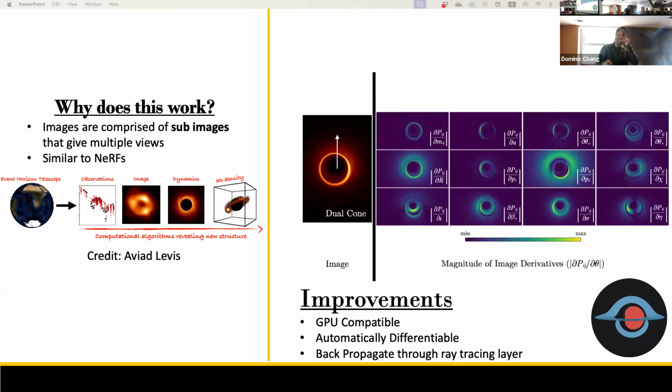In particular, you can use that to do studies like this, which I've shown here, where if you're asking the question, what features in the image are influenced by what parameters of the emission model, this allows you to answer that. Here I just show the magnitude of the derivatives of each pixel with each model parameter. One thing you can see is that the photon ring, for example, is the most sensitive to changes in the mass, and it's also most sensitive to changes in the spin and in inclination.